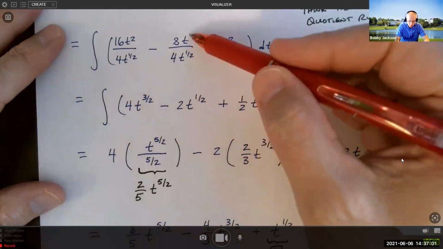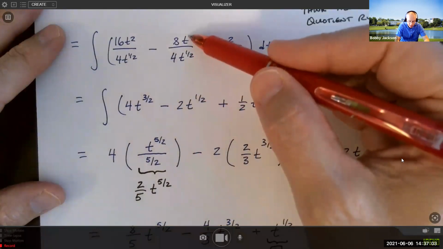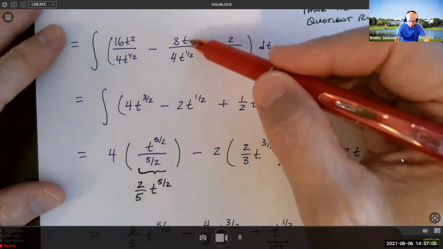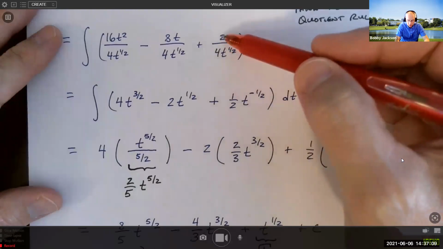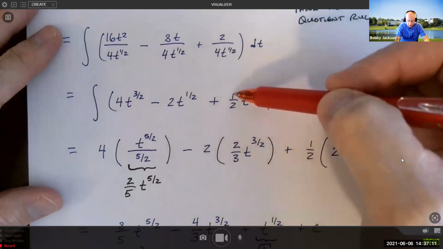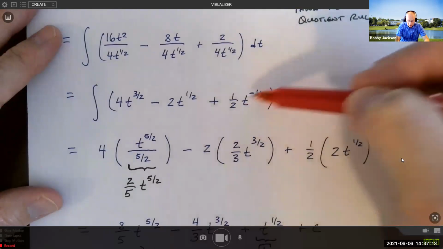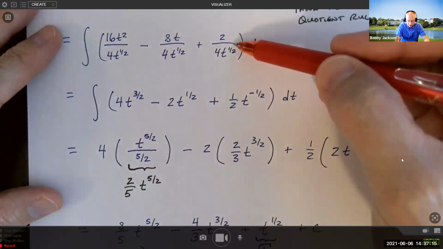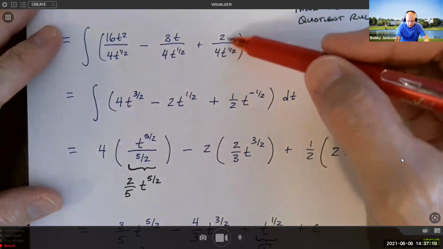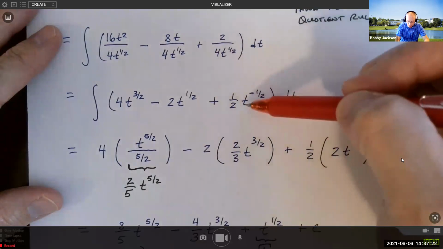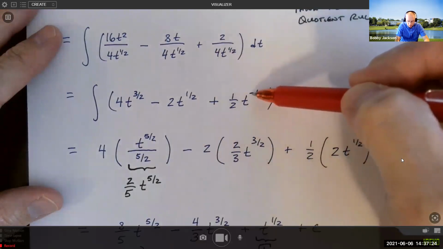Here I get t to the first power, and 1 minus 1/2 is 1/2. Plus 2/4 is 1/2, and this is divided by 1 divided by t to the 1/2 power. So I'm just going to write that as t to the negative 1/2 power.